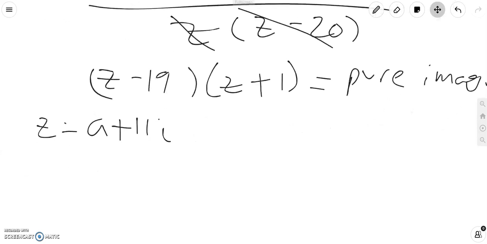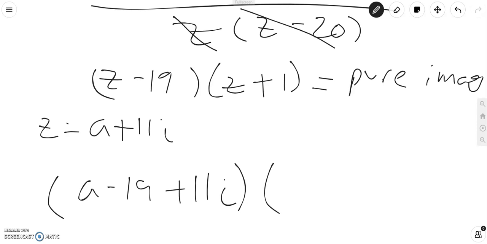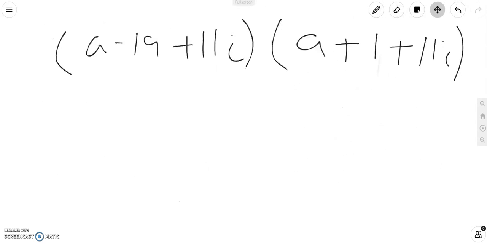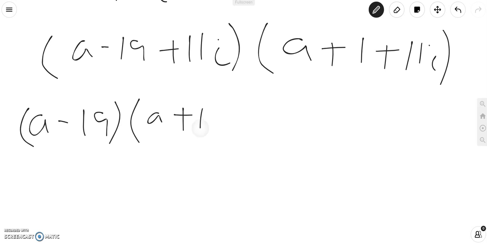So it becomes (a − 19 + 11i) times (a + 1 + 11i) is pure imaginary. We only care about the real part, which is (a − 19)(a + 1), plus 11i times 11i, which is −121, and this has to equal 0.